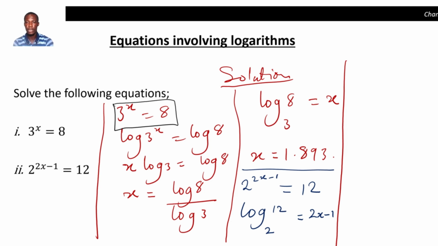And if I get this one, then I'll say log 12 to the base 2. Then I'll try to find its value. So that will give me 3.585.